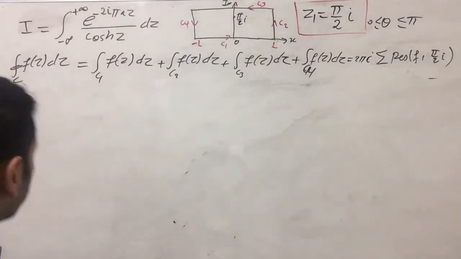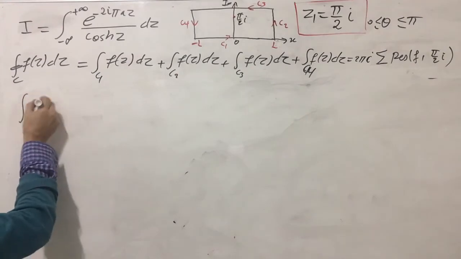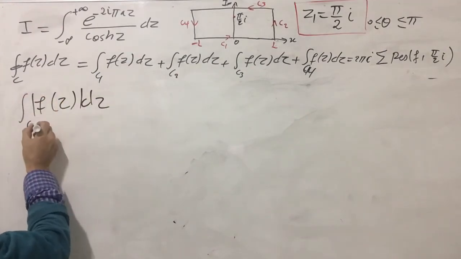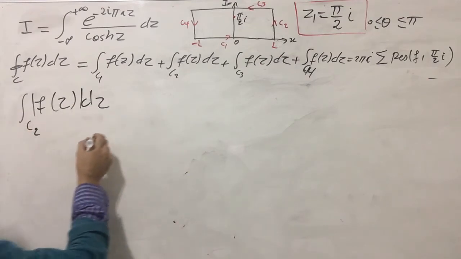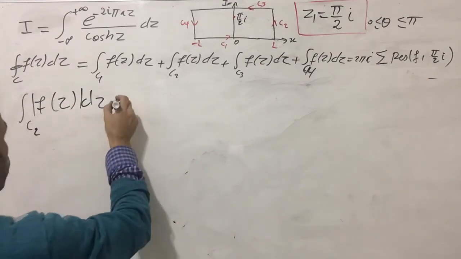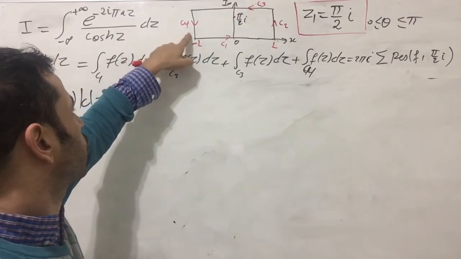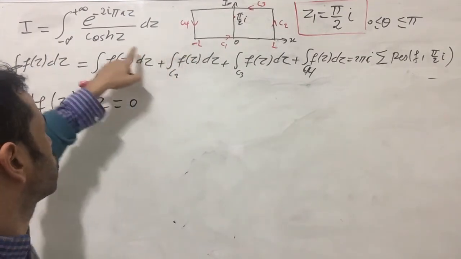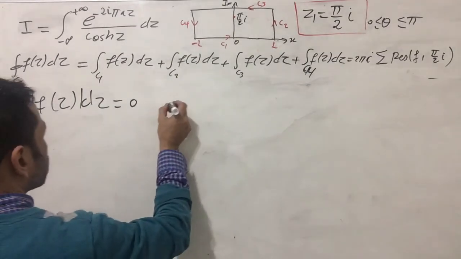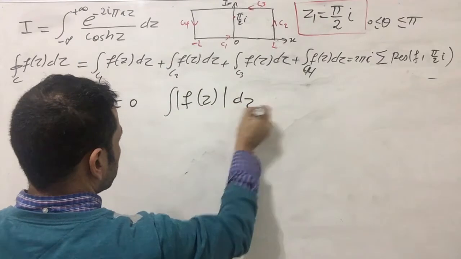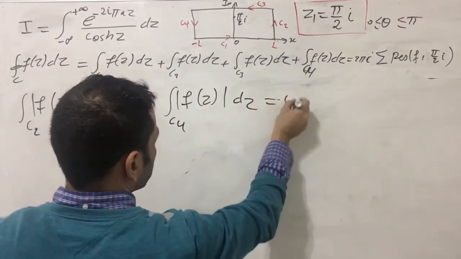Okay, so now the integral of f(z) dz over the path c2 we found equal to 0. So for the integral over the path c4, we are going to do the same job. So it will also be the integral of f(z) dz over c4 equal to 0.